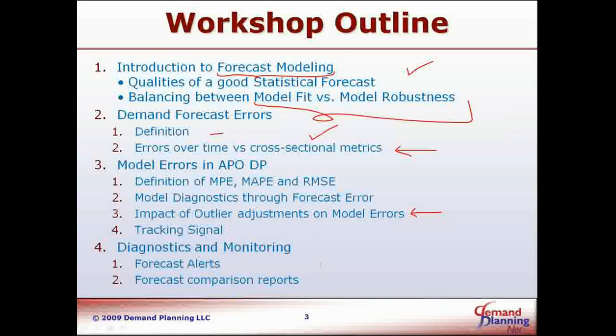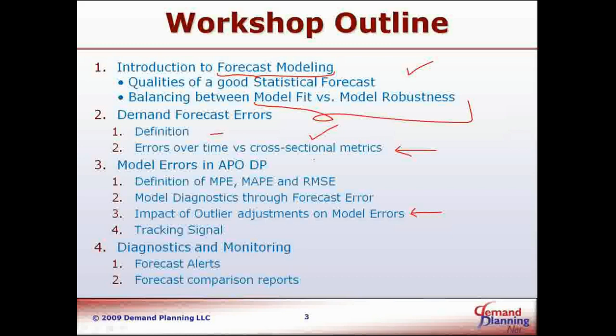We talked about calculating a summary metric for a division or a group of products. Today, we are more interested in errors over the history of the model, right? Errors over time, but using an individual SKU. For an individual SKU, we are talking about errors over time. Okay. All right.